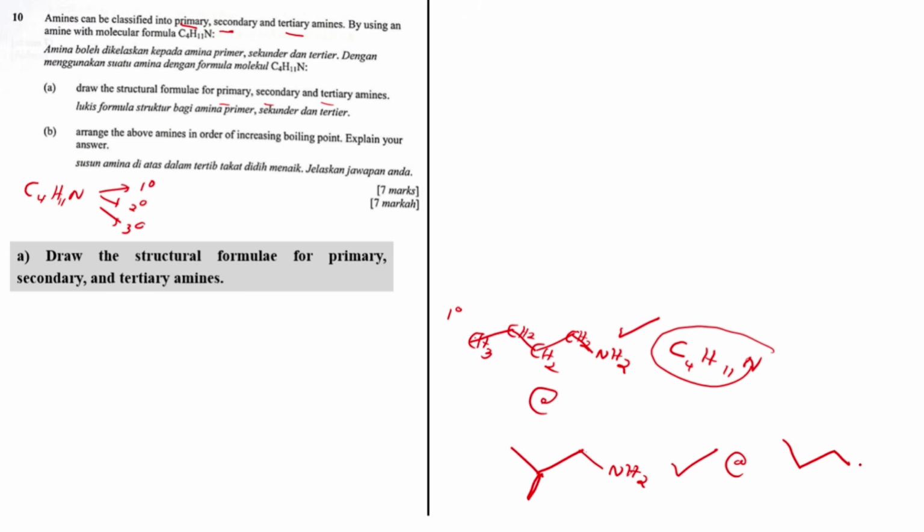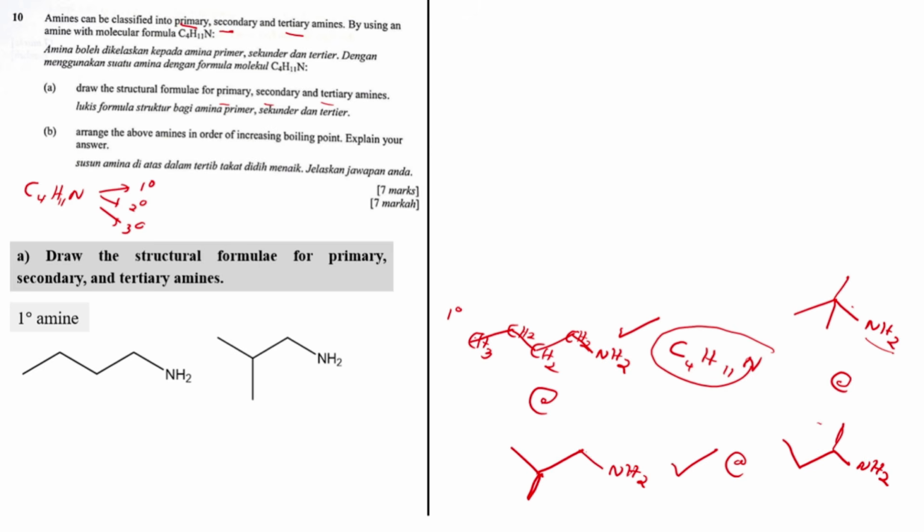Or you can also make a primary amine with NH2 here, then 1, 2, 3, and 4. All of these are primary amines. So you can draw your primary amine with 4 carbon, or 3 carbon with a branch, or the branch in this position, or a double branch at this carbon here.